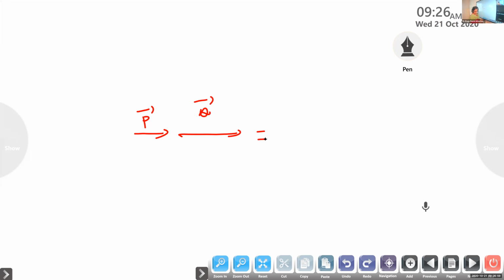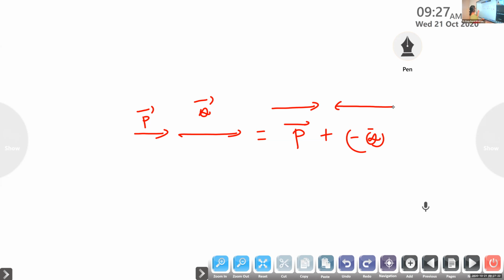Then after adding, what is the step? P you represent here, plus minus q. So minus q we represent in the opposite way. Suppose this is p vector, this is q vector, we symbolize it this way. And what is your answer?